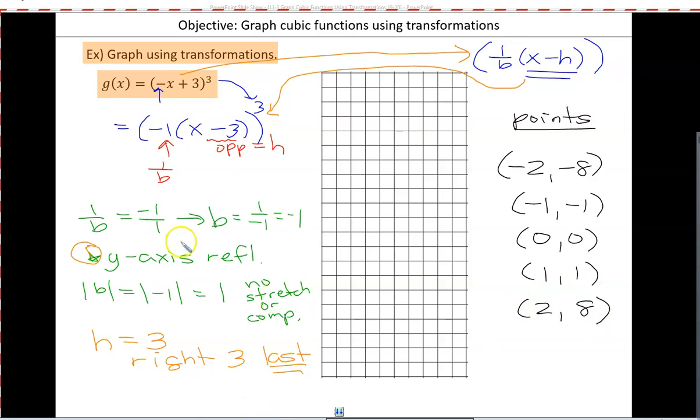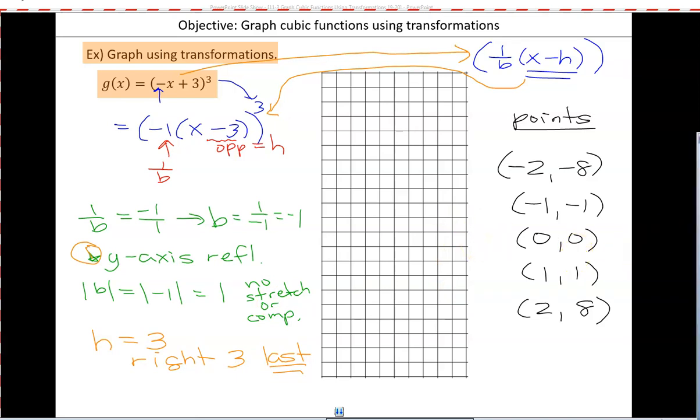All right, so our y-axis reflection is like taking our x's times negative 1. So it moves negative 2 to positive 2, negative 1 to positive 1, 0 stays, 1 becomes negative 1, 2 becomes negative 2. And then they will move right 3.